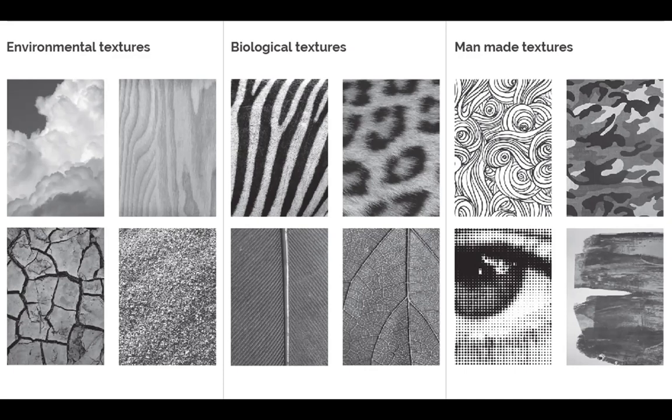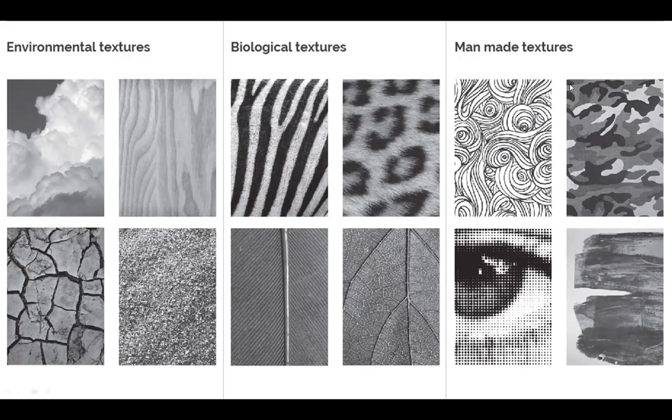Such things can give you what we call an image texture. And then we have feathers, the animal print, the leaves. All those are biological textures.